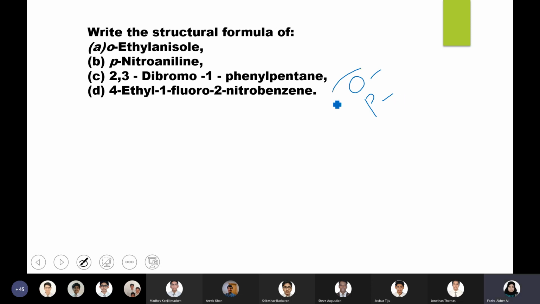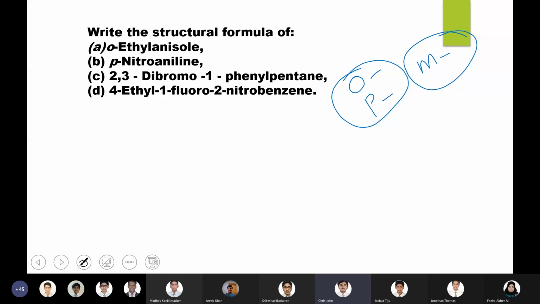What does that mean? Have you heard of this O, P, etc.? Sometimes they will write M. Ortho, para, and meta. Yeah, see, this is actually ortho, para, and meta.